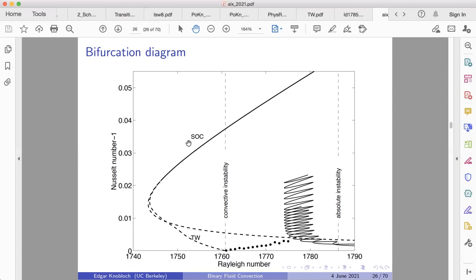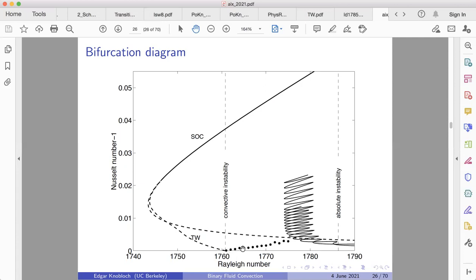So SOC stands for stationary overturning convection. This Hopf bifurcation generates a subcritical traveling wave, which stabilizes here at the end, this overturning convection state. And it also generates this chaotic state that I indicated already.